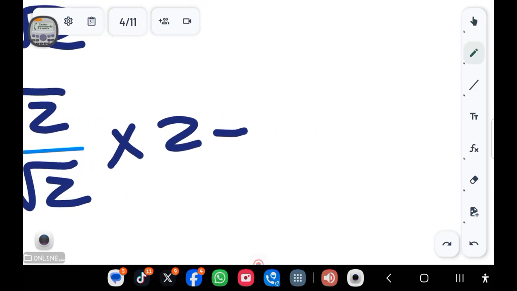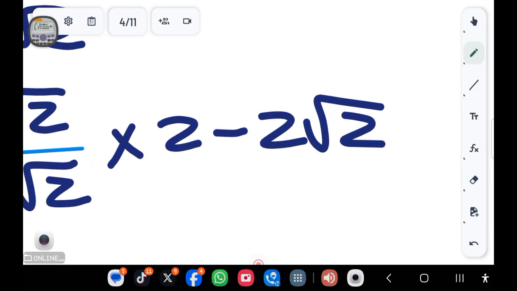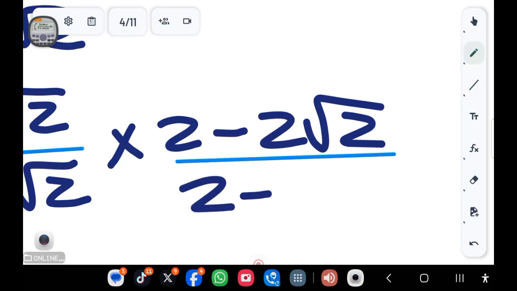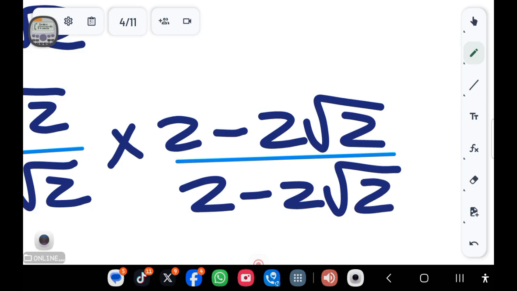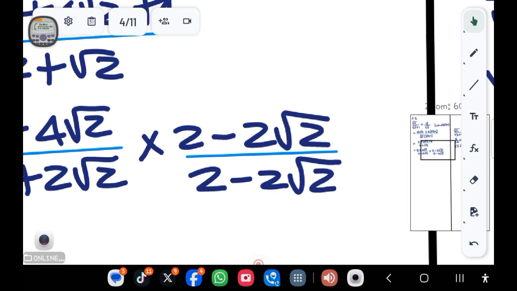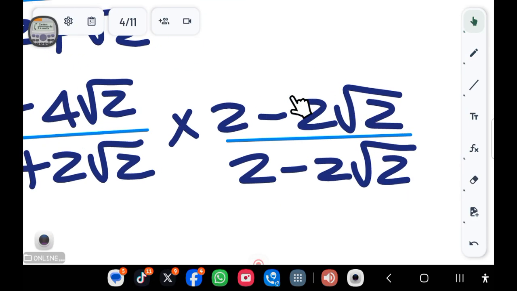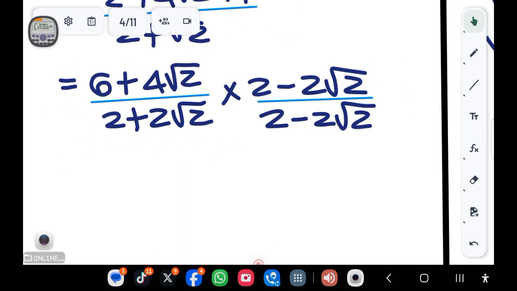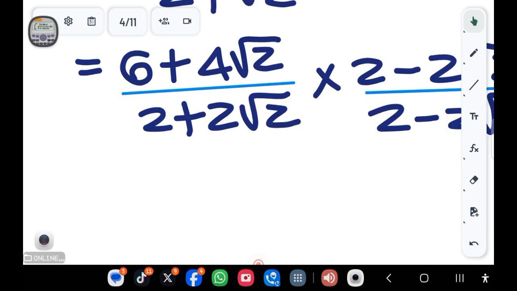That's how you rationalize a denominator. But what you do to the top, you must also do to the bottom, because ultimately we are changing this by nothing. We're simply multiplying this by 1. This over that cancel out and give us 1. So basically we're not changing anything. We're just changing how the expression looks.